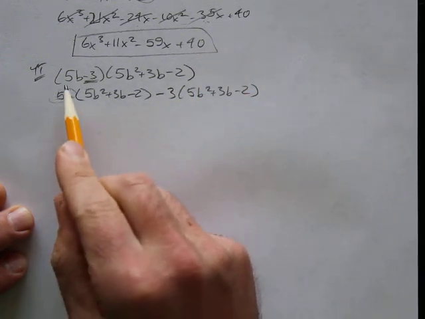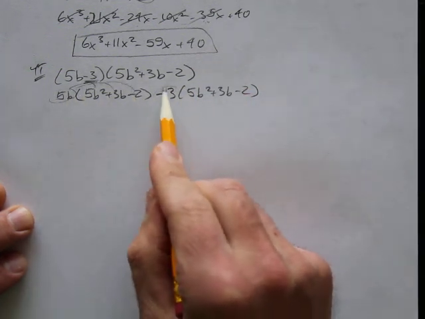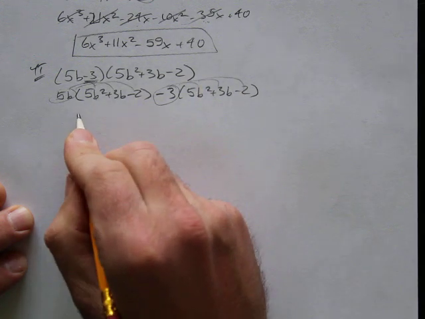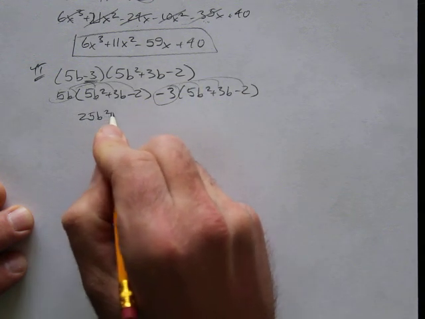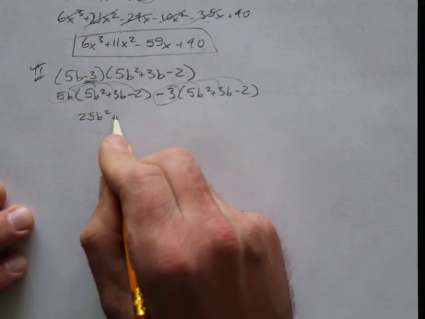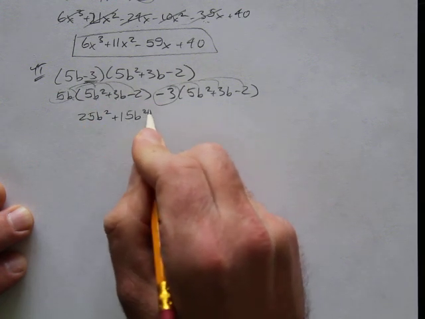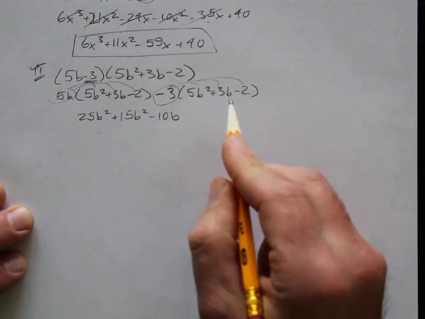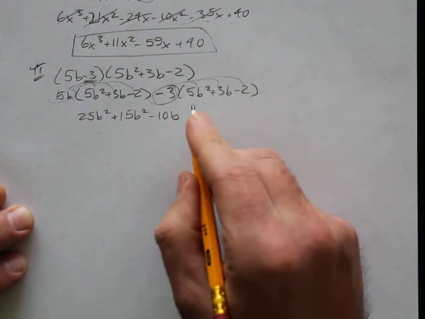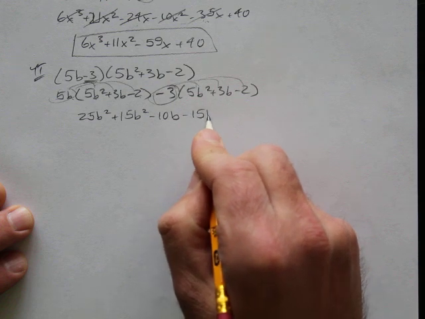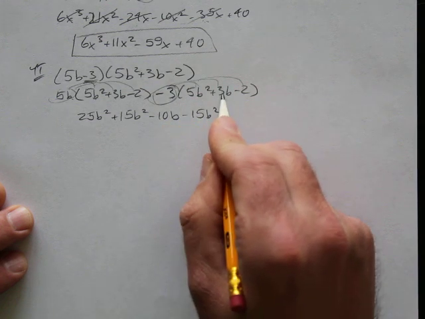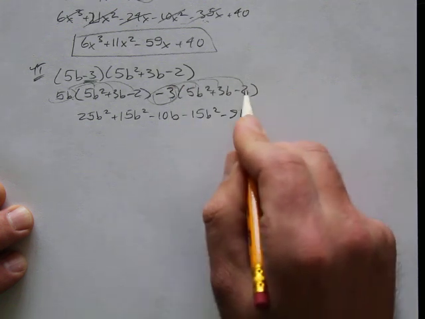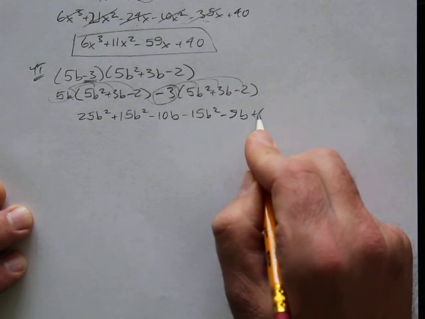Now I distribute this 5b in here, distribute this negative 3 in here. 5b times 5b squared is 25b cubed. 5b times 3b is 15b squared. 5b times negative 2 is negative 10b. Negative 3 times 5b squared is negative 15b squared. Negative 3 times 3b is negative 9b. Negative 3 times negative 2 is positive 6.